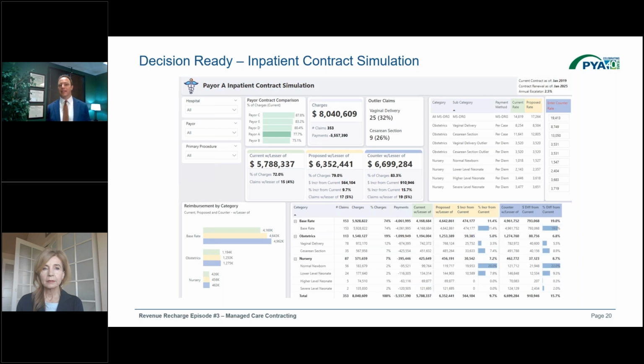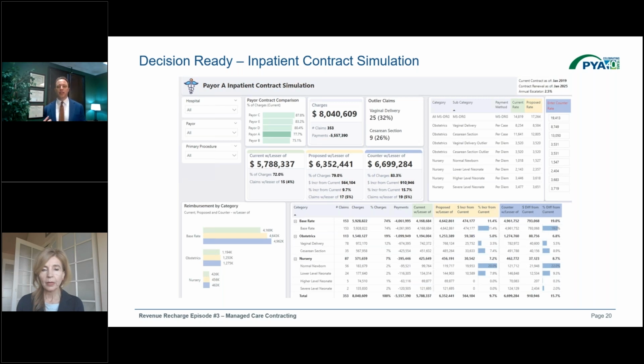Some things that we had to consider as we designed the dashboard were to look at the lesser of impact on billed charges or the allowed amount, identifying the number of outlier claims that hit the outlier threshold as we established that threshold, and then also identifying the reasonableness of types of services, or service types.